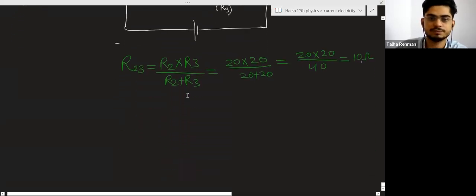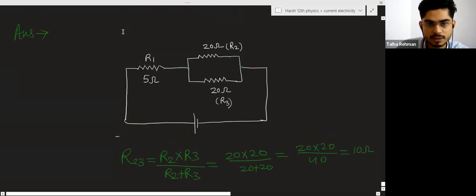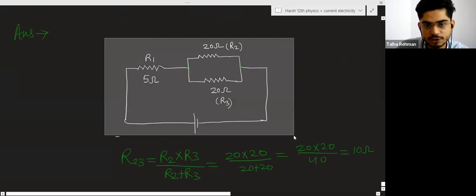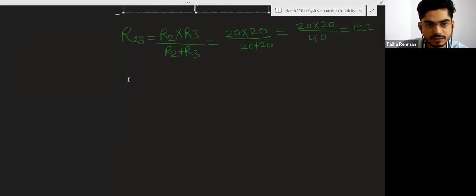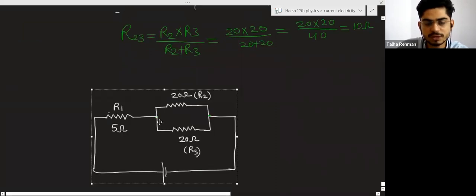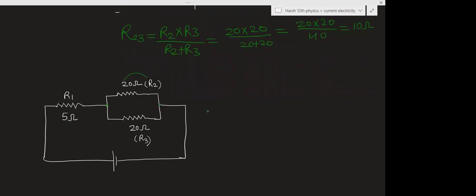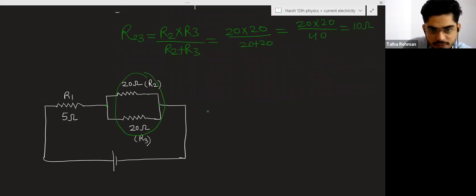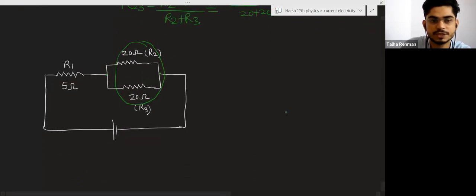Now see this. We have just calculated the equivalent of these two resistances. Now I am just modifying this circuit. Just do the question as I am doing. Instead of these two resistors, we will connect only one resistance of 10 ohm in series with this 5 ohm resistor.